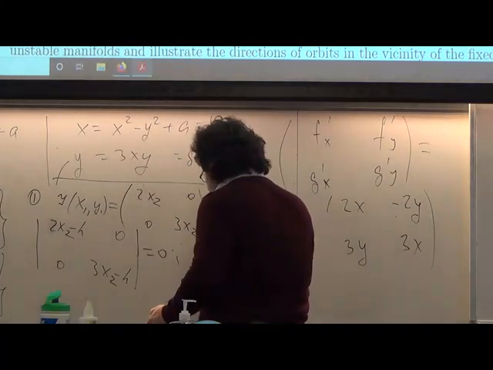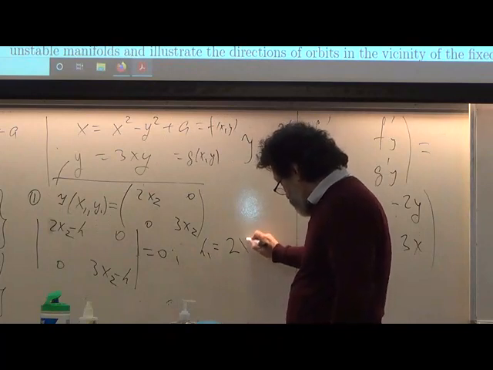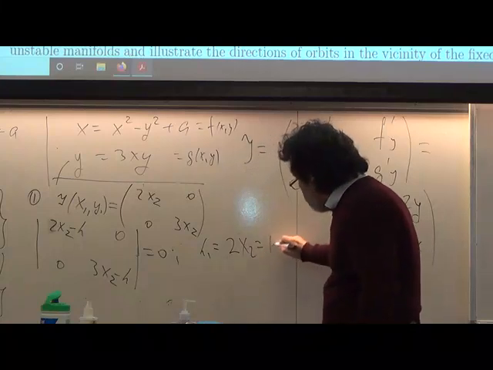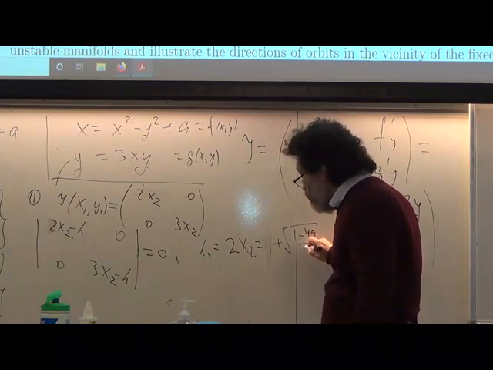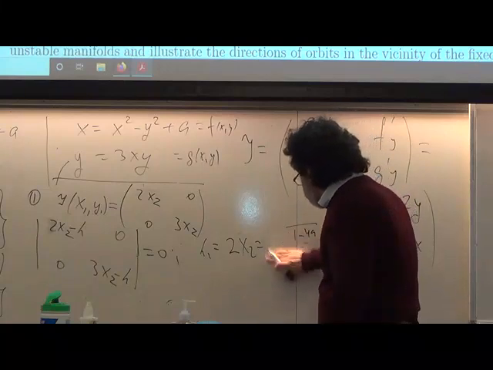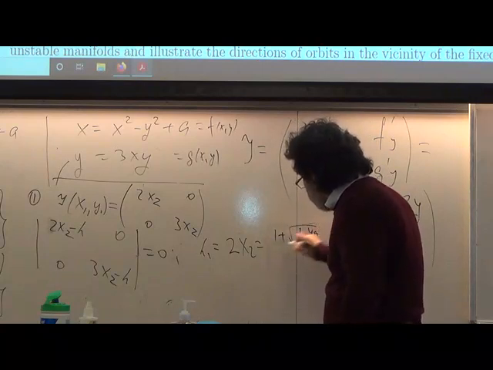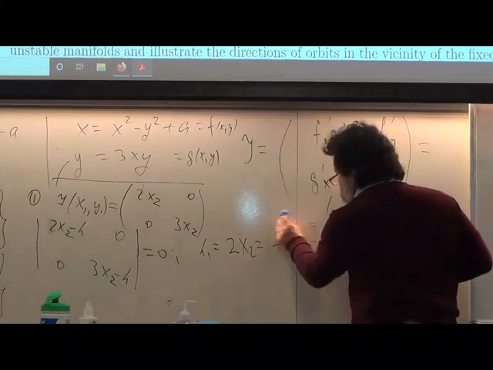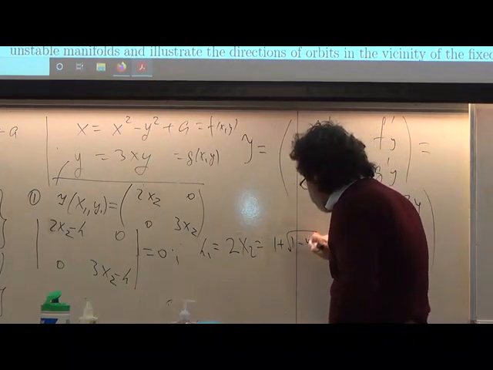and therefore lambda 1 equals 2 times x2, which is 2 times (1 plus square root of 1 minus 4a) over 2, so 1 plus square root of 1 minus 4a.